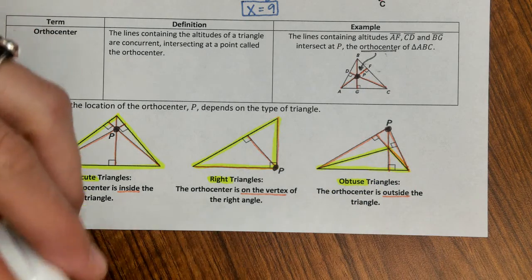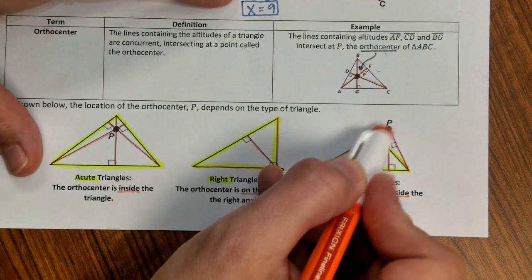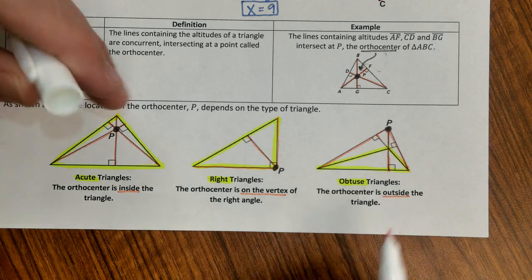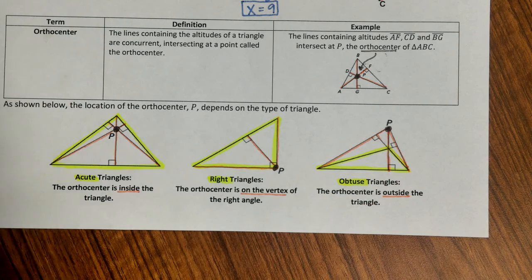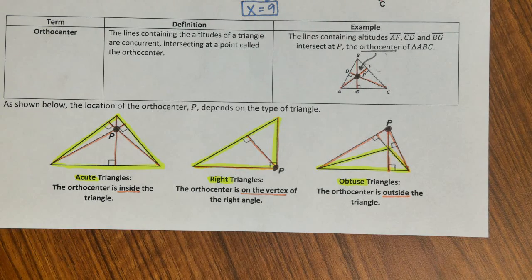Okay, but with our altitudes here, we've got our altitudes, there we go, leading to the fact that we are now outside of the triangle. So I just wanted to let you guys see with the highlighting of the triangle so you could see a little more clearly, especially right here with our obtuse triangle.